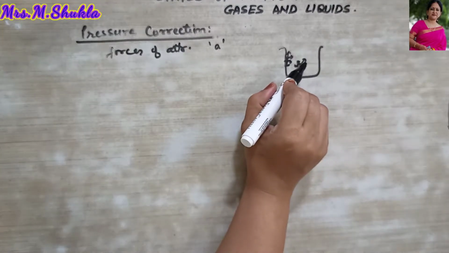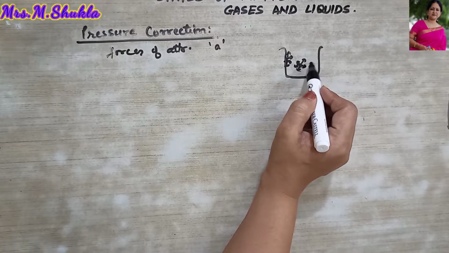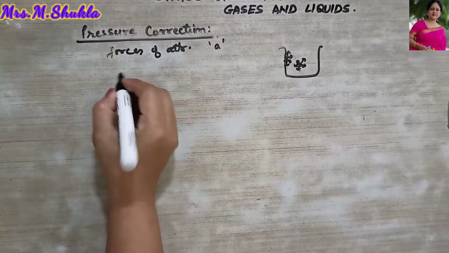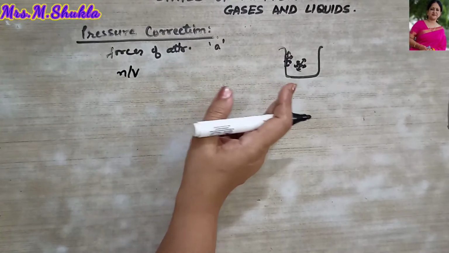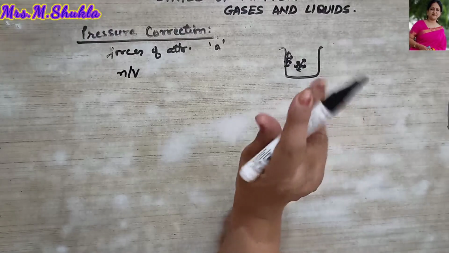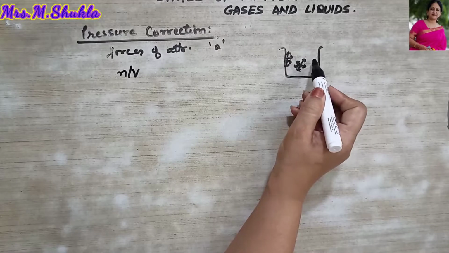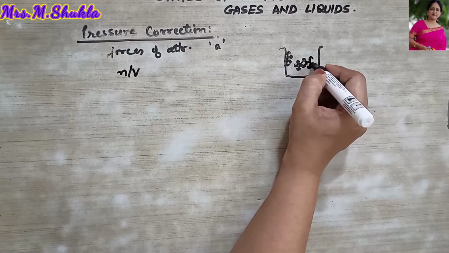Thus the number of molecules that are attracted by the other molecules is always proportional to what? The number density, that is n by V, and the number of molecules that are attracting the other molecules is also proportional to the number density. So this will be proportional to the other particles.